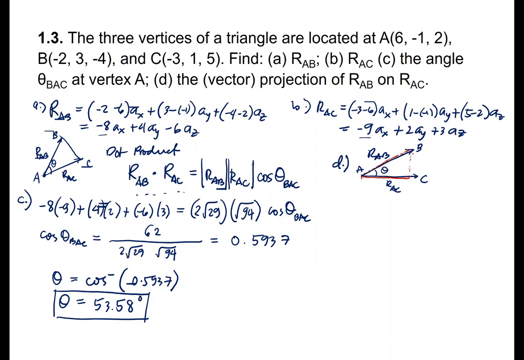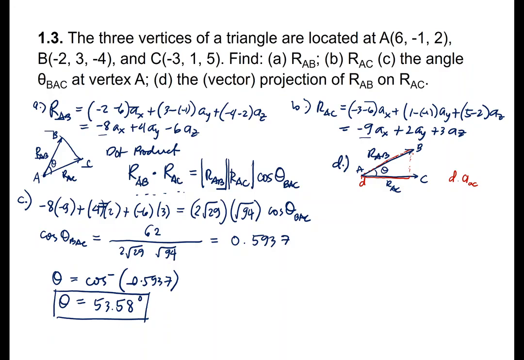So that value, let's say D, should be multiplied by the unit vector from A to C, so that's unit vector AC.